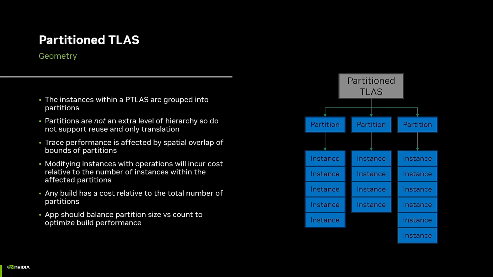A recommendation based on our investigations is somewhere between 100 and 1,000 instances per partition, which works pretty well, because you get all the benefit of much faster build times without the partitions becoming so large that if you decide to change one, you get a spike in performance. If you have huge partitions and you have to change something, you get a huge spike. And your build time is not really better, because a partition size of 100 is already, at least on paper, 100 times faster. So that's probably good enough.